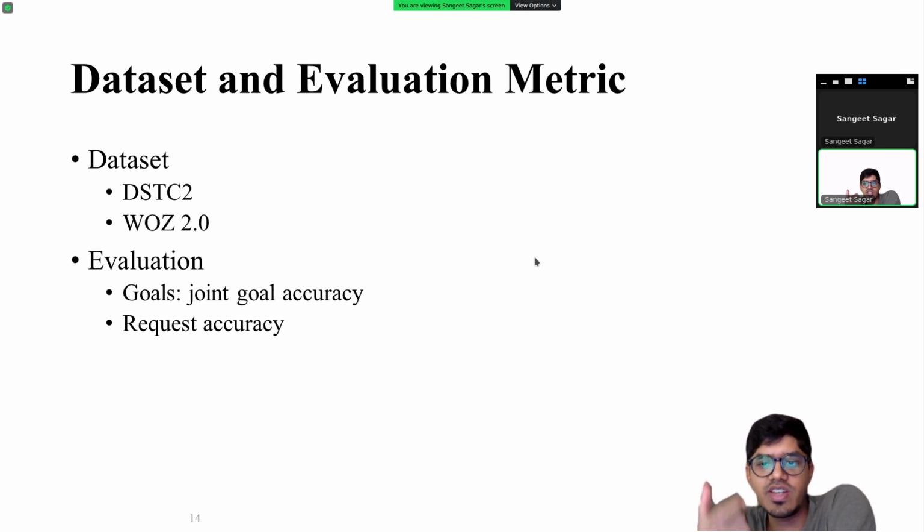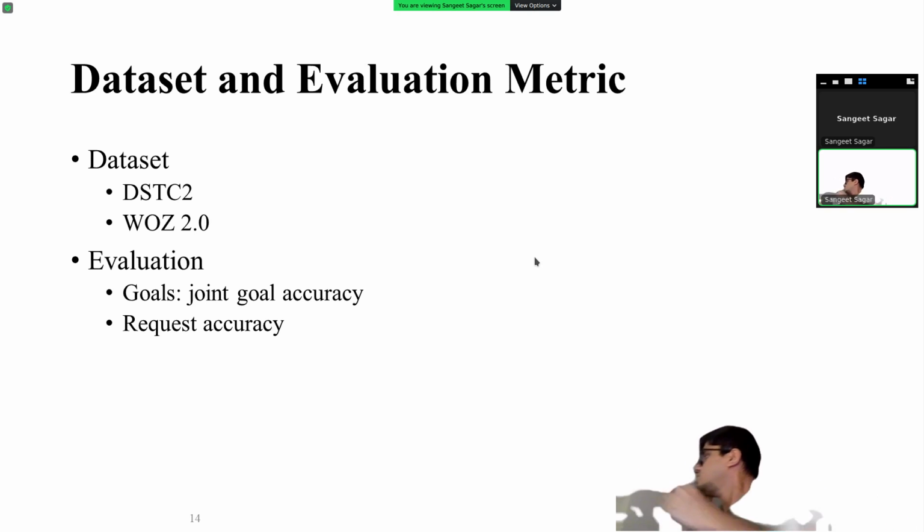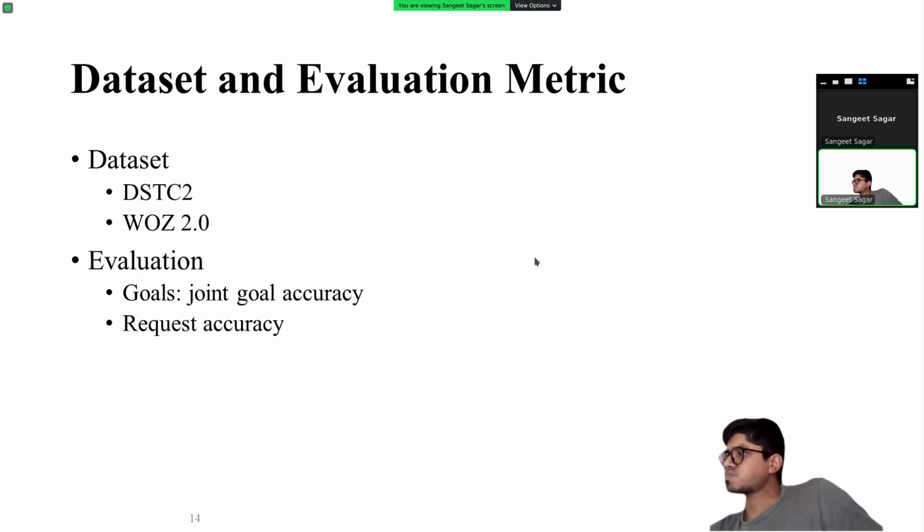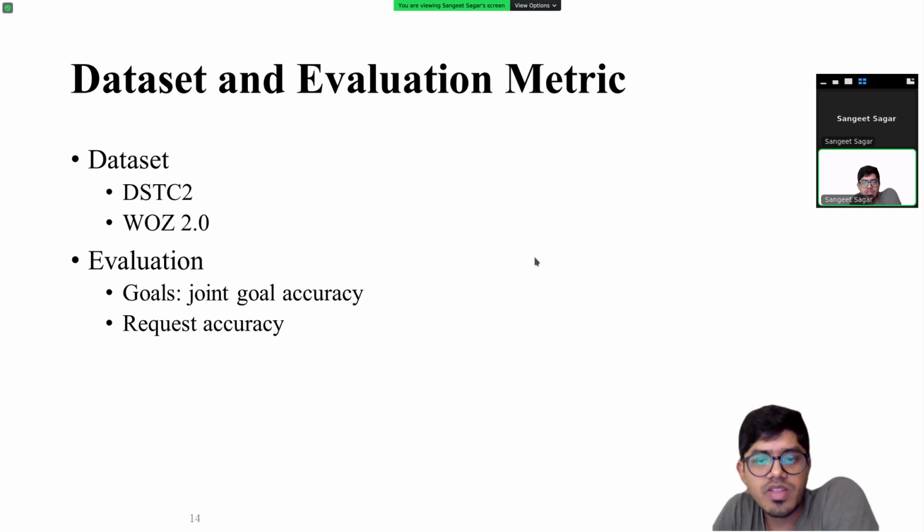The joint goal accuracy is a measure of the fraction of dialogues where the goal expressed by the user, its slot and value pairs, were correctly identified. While request accuracy measures the fraction of dialogues where the information requested by the user was correctly identified.